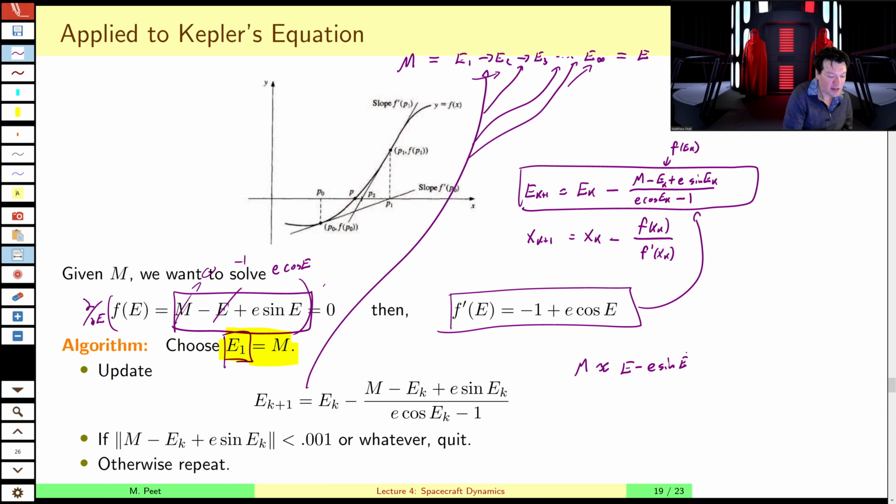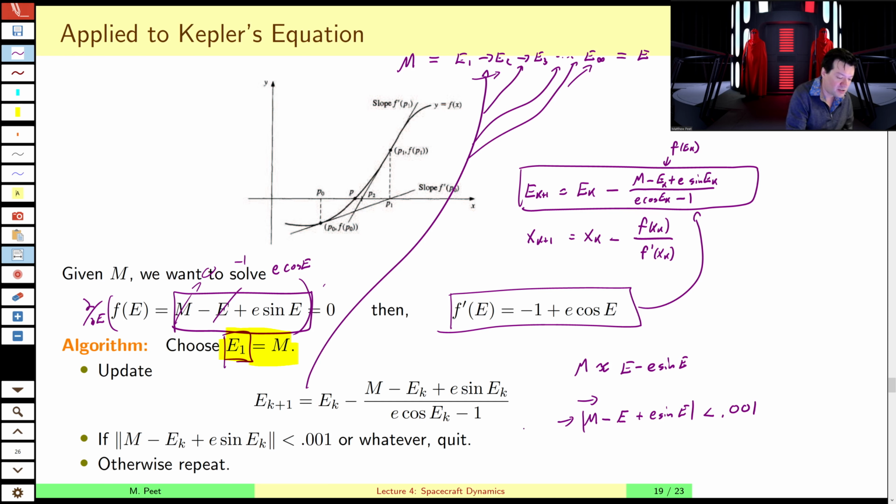And so what's the error in that? Well, we're going to translate that to the magnitude of m minus e plus e sine e being less than, say, 0.001. 3 decimal places, for example.